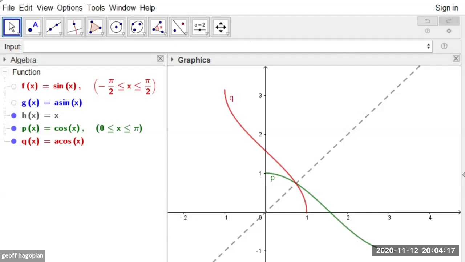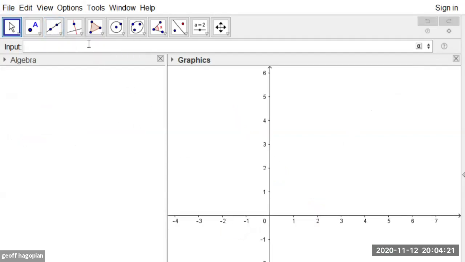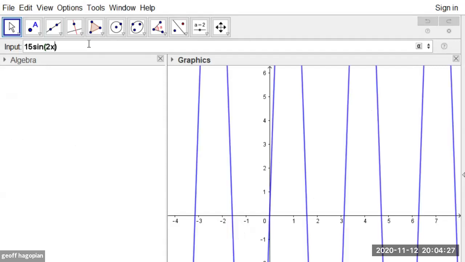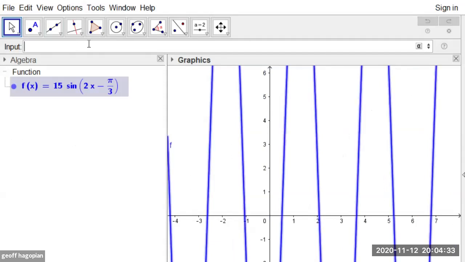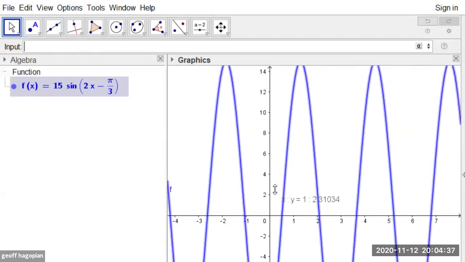And then we'll say new. And we're going to say 15 sine of 2x, because it's got to be x, minus pi over 3. So you see the amplitude of 15 there?